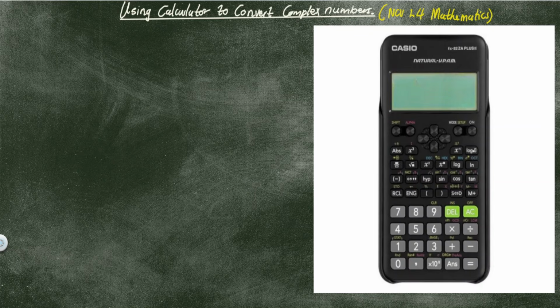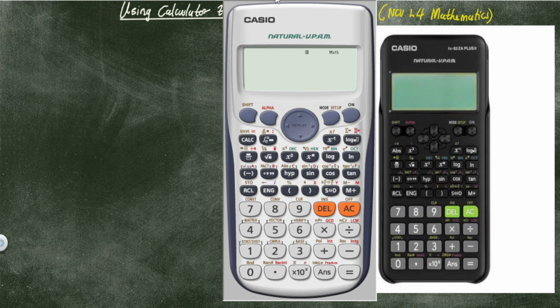Now this is the common calculator, right? I'm assuming that you are using this one. However, I'm also using a different calculator here. It's the same brand, yes, but the models are different.